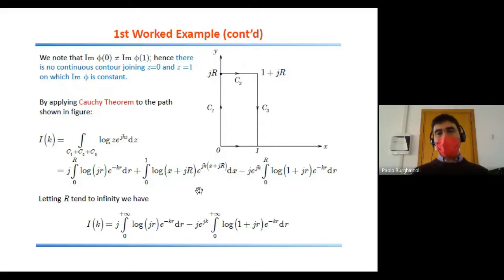What you have is that at infinity, the exponential function goes to 0, because as you can see here, you have e to jk times jr, which gives you e to the minus kr, and that goes exponentially to 0 at infinity. And therefore, it wins over the logarithm.